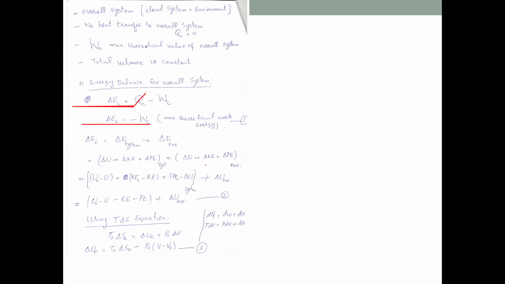Likewise we can apply this for the environment. If we split this, the change in internal energy for the system is the final internal energy minus the initial internal energy. So for the system, the final internal energy is that of the environment, so environment internal energy minus the system internal energy. Similarly for kinetic energy, final kinetic energy minus initial kinetic energy, and for potential energy, final potential energy minus initial potential energy.